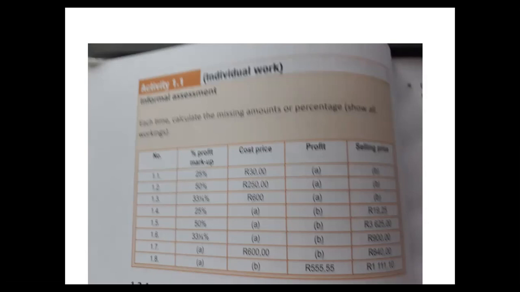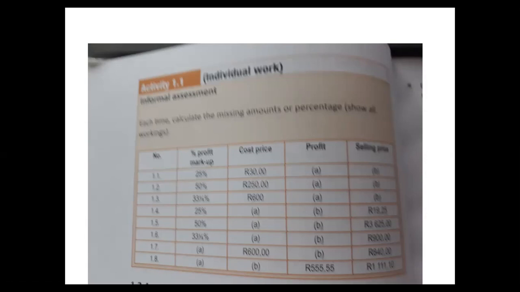So that means it's going to be 133.3%. The third you always put in on your calculator like 0.3. So you're going to multiply it with 133.3 divided by 100, and that gives you 799 Rand and 80 cents.